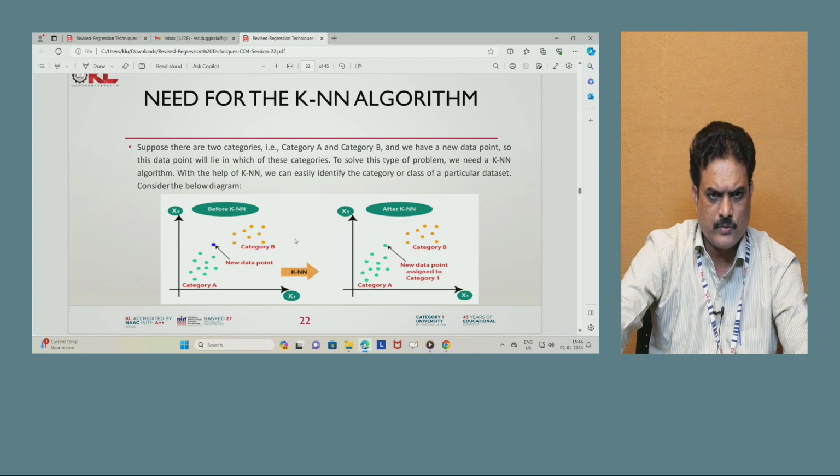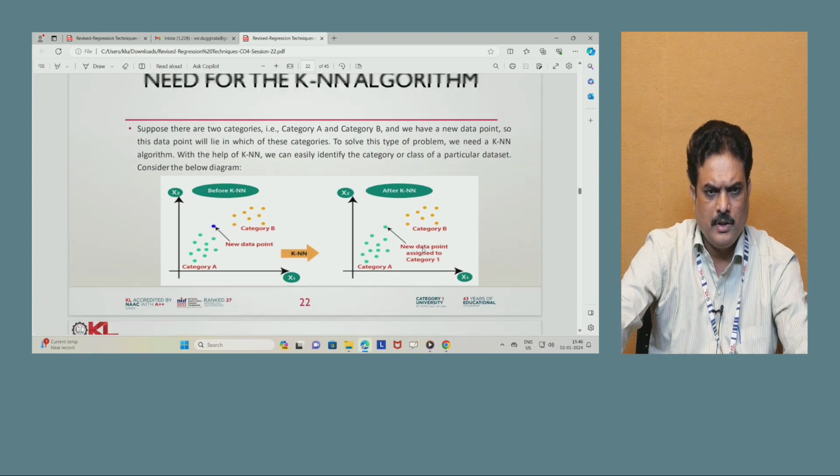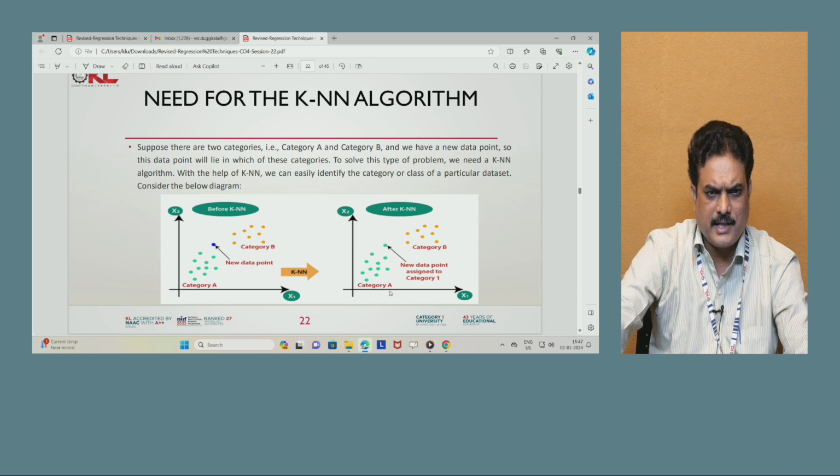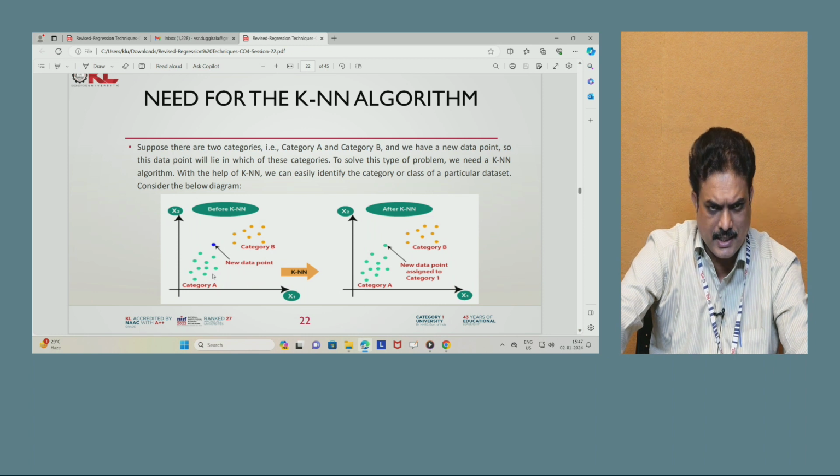Consider the below diagram: before KNN and after KNN. Here we have category A, category B, and the new data point. The green color indicates category A, the orange color indicates category B, and the blue color indicates the new data point. This is before KNN.